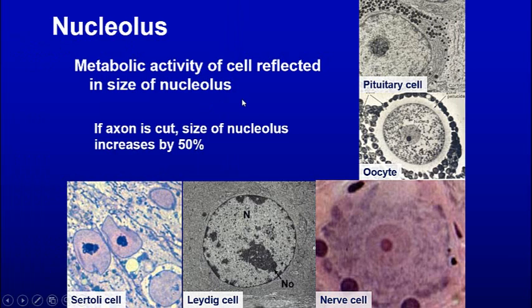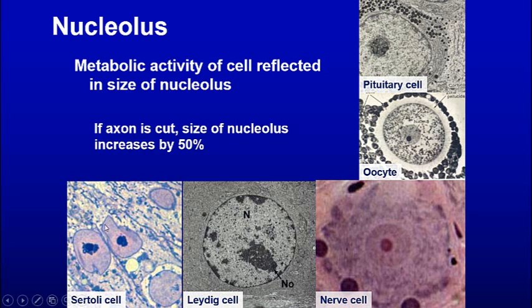Now, the metabolic activity is reflected in the size of the nucleolus. Here's a nerve cell, big nucleus and a big nucleolus. The big nucleolus reflects the ability to make ribosomes. Here we see all the Nissl substance, which are ribosomes, both free ribosomes and ribosomes associated with the endoplasmic reticulum.